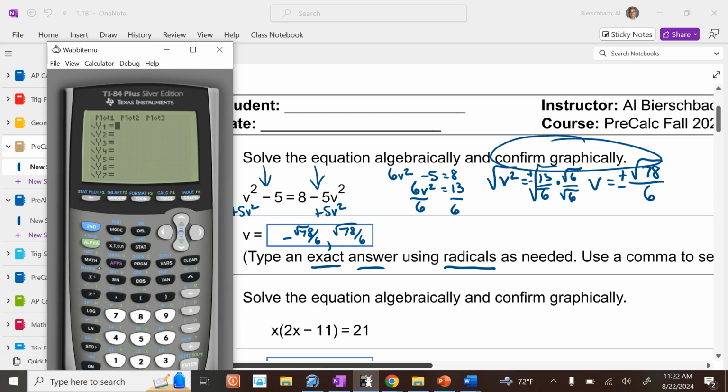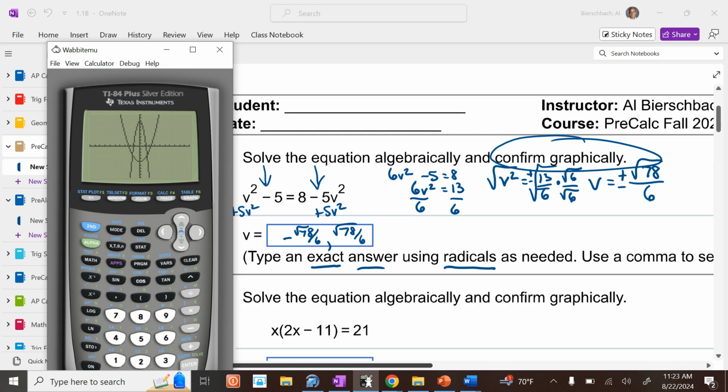So y1 could be x squared minus 5, y2 could be 8 minus 5x squared. And then I could graph it. And I should see a parabola and a parabola. Where they intersect should be where the solutions of the equations are at.